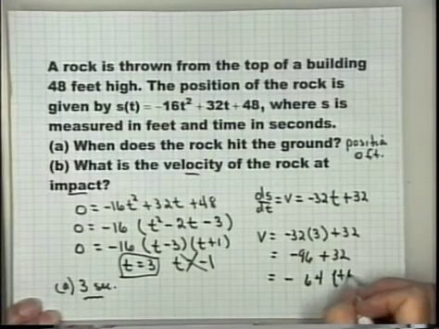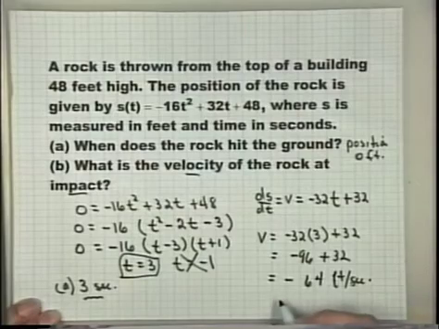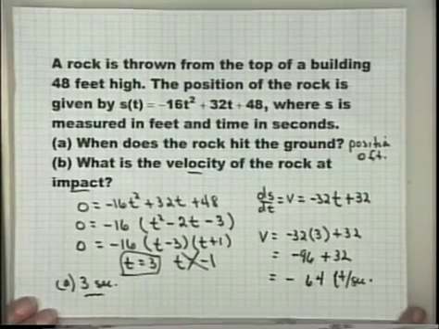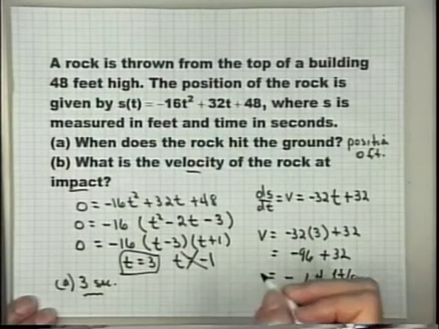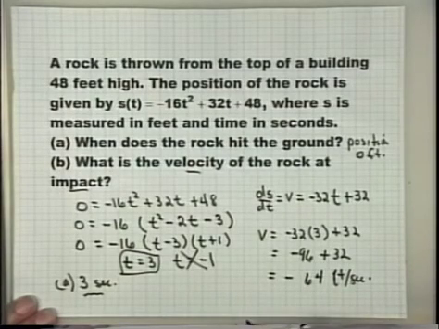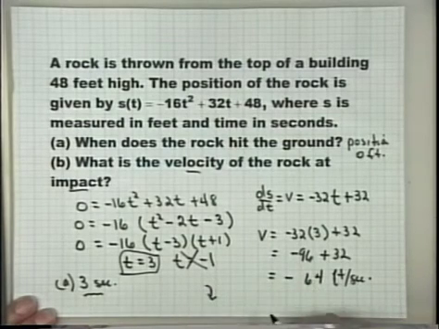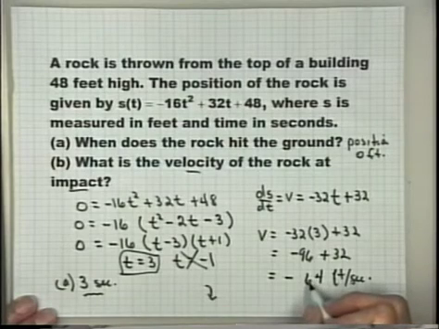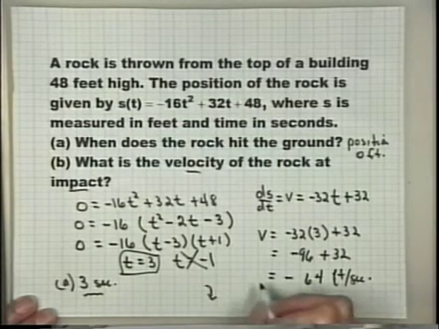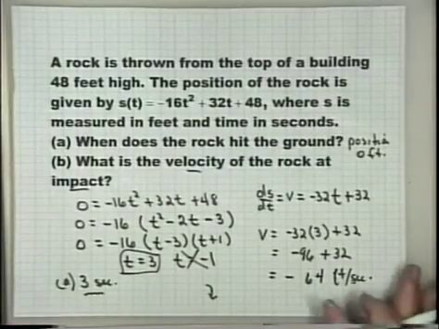This is in feet per second. Now, if you haven't already discovered this from your first lesson when you studied velocity, why is this velocity negative? Because we were going in the negative direction. We threw the rock and it's going down, which we're considering our negative direction here. So we hit the ground at 64 feet per second and we were going in the negative direction.